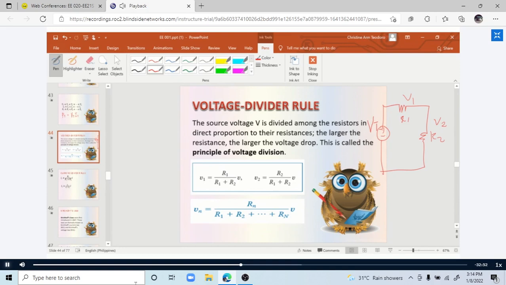But if you have a series-parallel circuit later on, it is not necessarily that V is also the total voltage. It depends on the situation. Just always remember that V here is the voltage being divided on those two resistors.